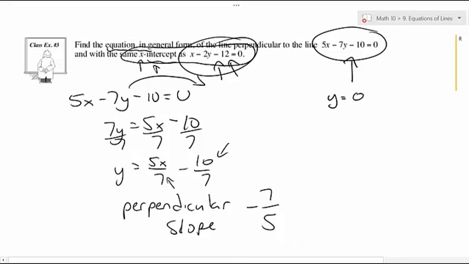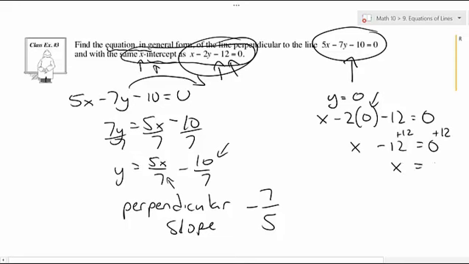In this equation, x minus 2y minus 12 equals 0, so we just put in a 0 for y. This cancels out, so we have x minus 12 equals 0. We add 12 to both sides, so that means that x equals 12. So now we have a point. We have where y equals 0 and x equals 12, and that's that x-intercept.